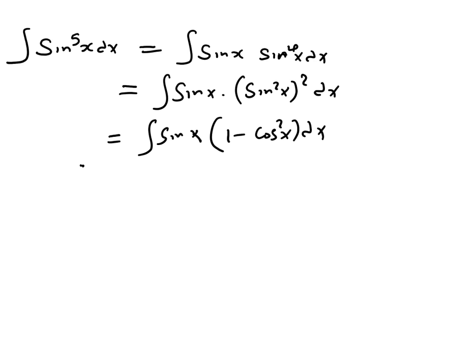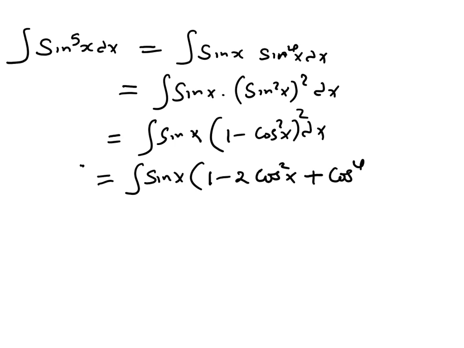So we go ahead and look at this as the integral of sine x, and there is a square here, times 1 minus 2 cos squared x plus cos power 4 x dx.